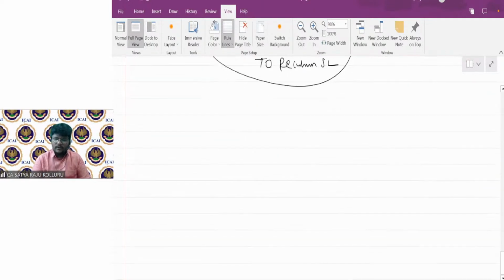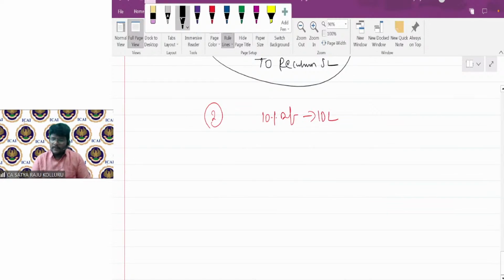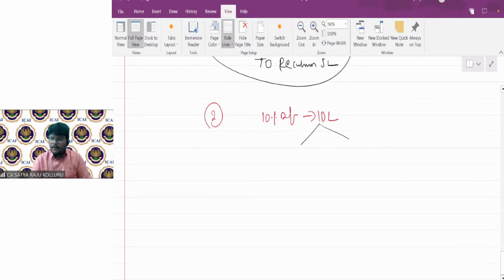This is example number 2. So 10% debentures right now, 10 lakhs. Let me continue the same. But how will the agreement be now?